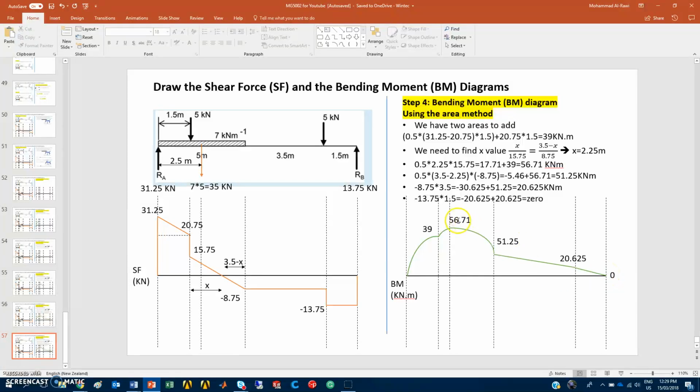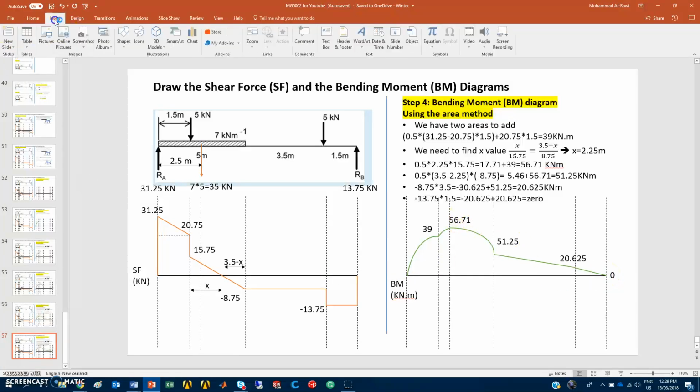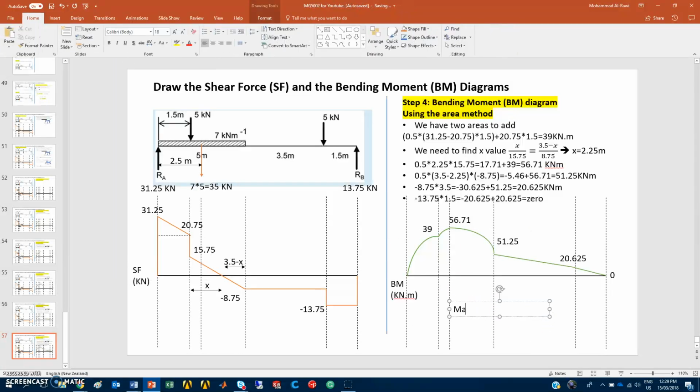Now if we ask you which one is the maximum bending moment, the maximum bending moment is equal to 56.71 kilonewton meters. This is the maximum bending moment, and it usually occurs when the shear force is equal to 0. Sorry, if you look carefully, it happens at this point.